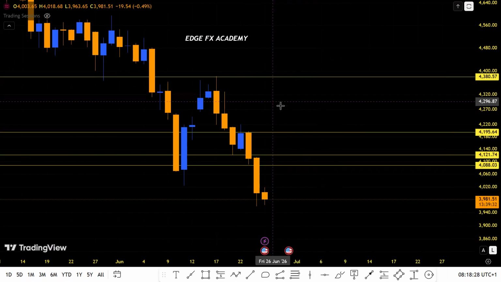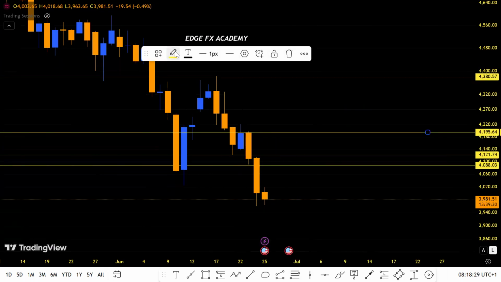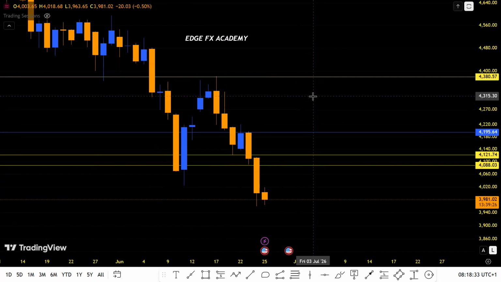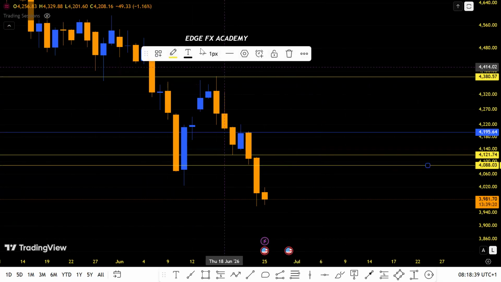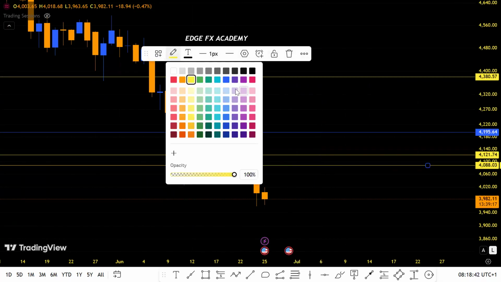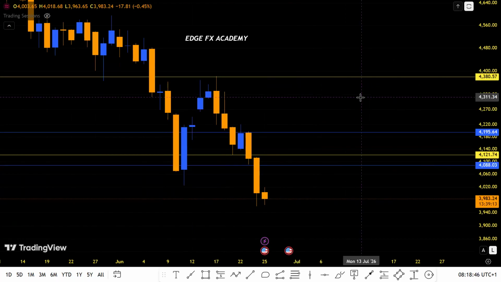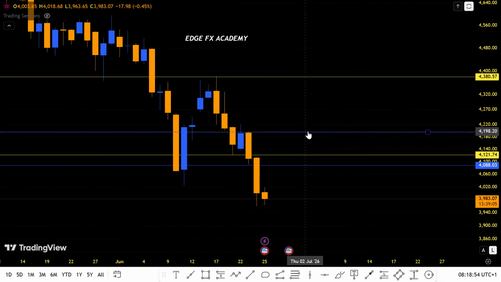So I'm going to change the color so that I'm able to differentiate which one is daily and which one is weekly. This is daily now.